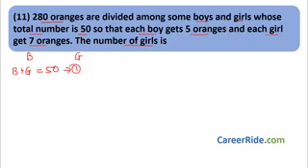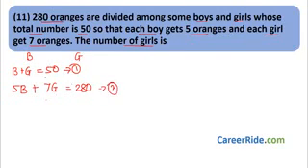This becomes the first equation. Each boy gets 5 oranges, so all the boys together get 5B. Each girl gets 7 oranges, so all the girls together have 7G. The total number of oranges is 280, divided completely amongst boys and girls. So 5B plus 7G is 280. This is the second equation.